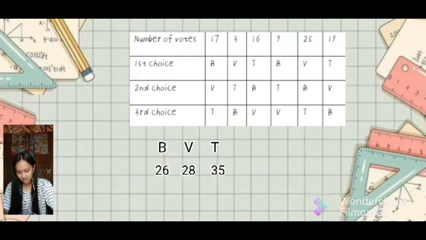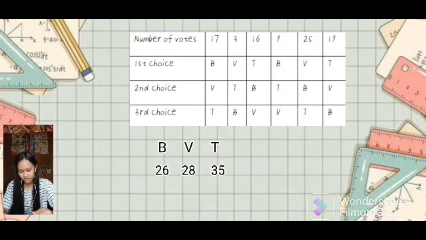So, 17 plus 9 is equal to 26. At si volleyball naman po, meron siyang 3 votes and 25 votes, kaya magiging 28 votes lahat. Si tennis naman is 16 and 19, kaya magiging 35.